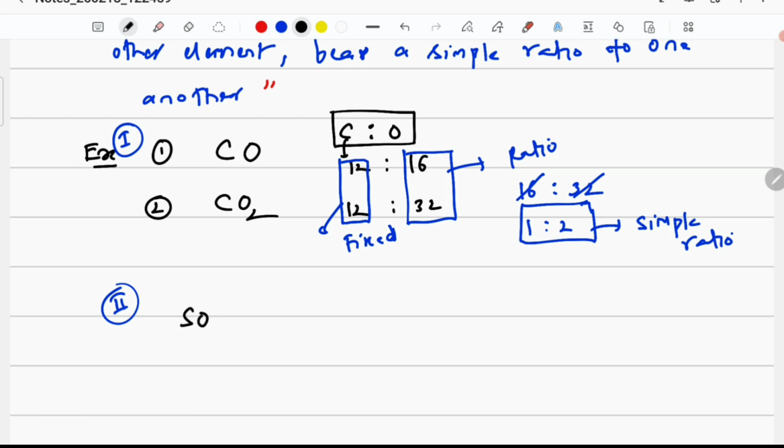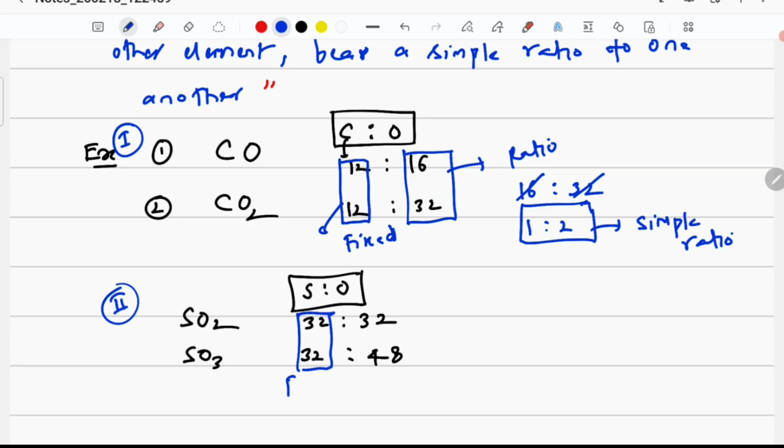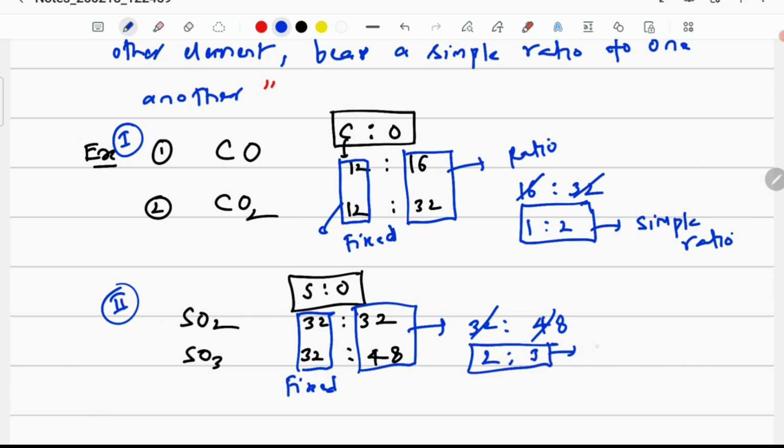Example number 2 you see here. If I take SO2 and SO3, in SO2 I am taking the ratio between sulfur and oxygen: 32 and 32, and in SO3 sulfur 32, oxygen 48. So which is fixed now here? The sulfur mass is fixed. Now if I take the ratio of these two, that is 32 to 48, if you simplify it, you get 2:3, which is a simple ratio.